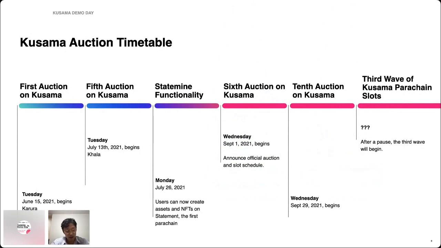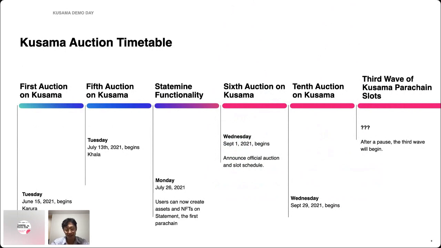So around late July to early August, it's when teams started to actually implement functionality within these parachains. So one of the earliest ones was StatesMine back on July 26th, when there was an on-chain upgrade that allowed users on StatesMine to actually create assets and NFTs on that first parachain.